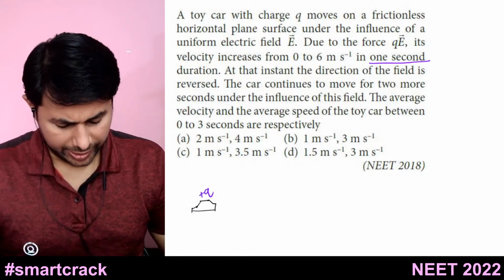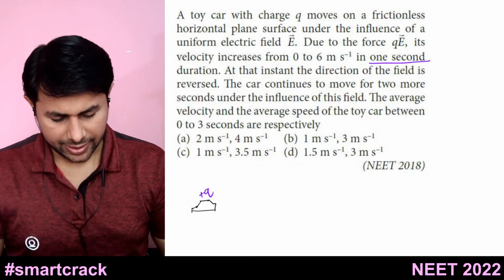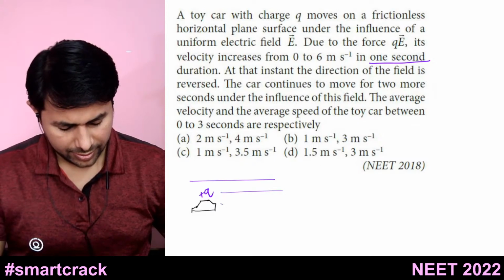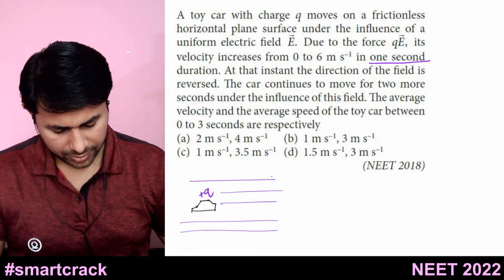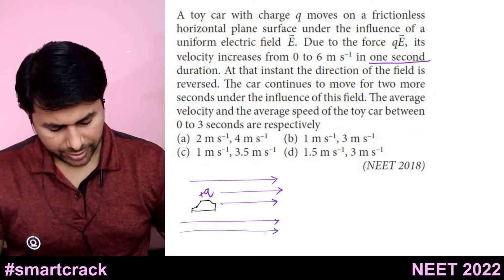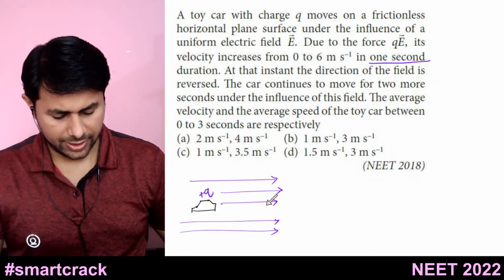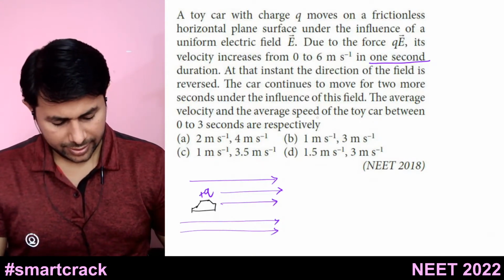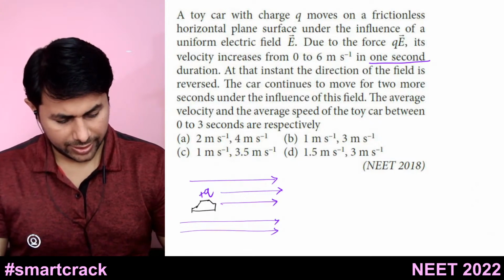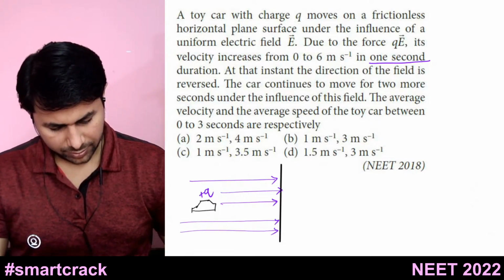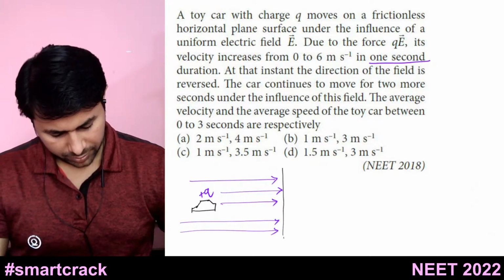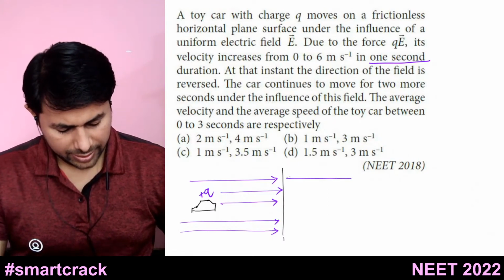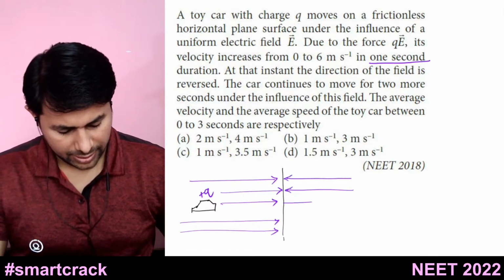Initially it is at rest and it is moving in the electric field. Let's say it goes till this point, till this distance, in 1 second. And at that point you are reversing the direction of the electric field.